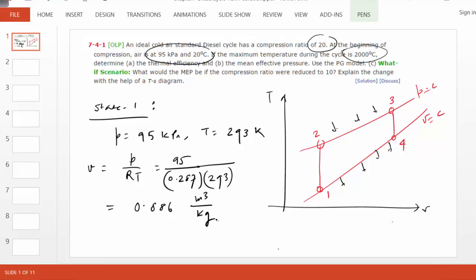And we'll just assume, because the mass is not given in this problem, the mass is 1 kg. So all our analysis is based on a mass of 1 kilogram. And this is our specific volume.